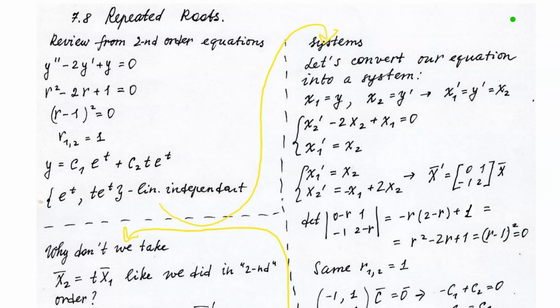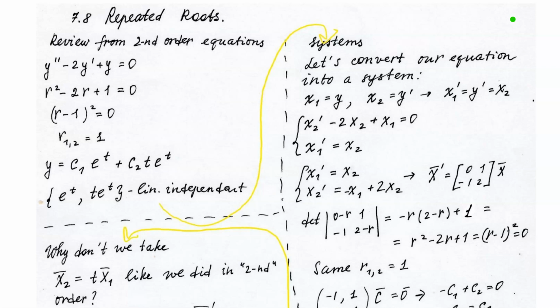What do we do in a second order equation when we have a repeated root? Remember that a repeated root produces two same functions as solutions, and we cannot use them because they are linearly dependent.